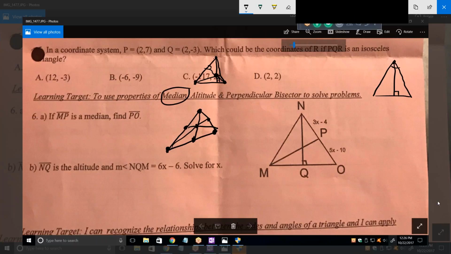One second. Make sure I'm not making a mistake here. Get my geometry book out. This is one of those geometry things where it never gets brought up again. Yeah.